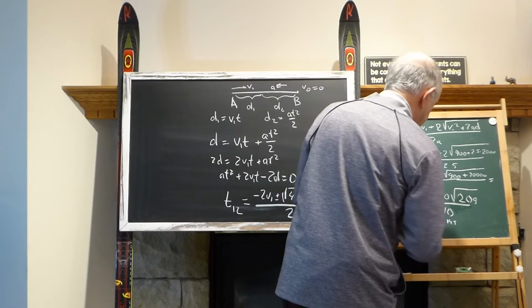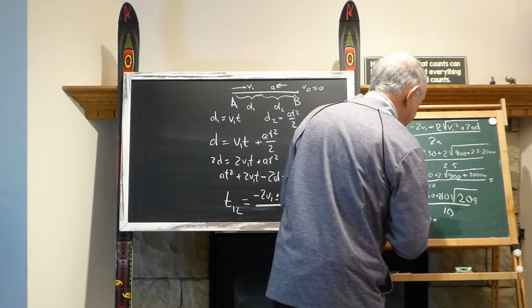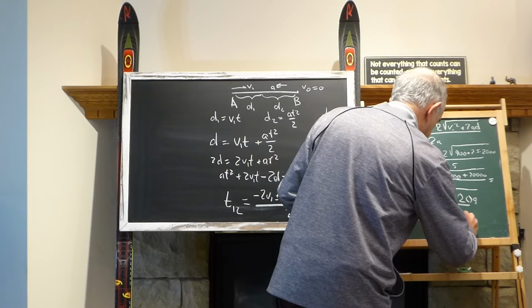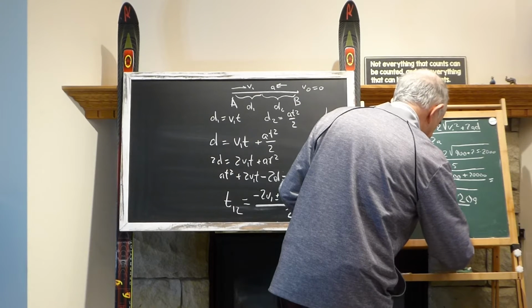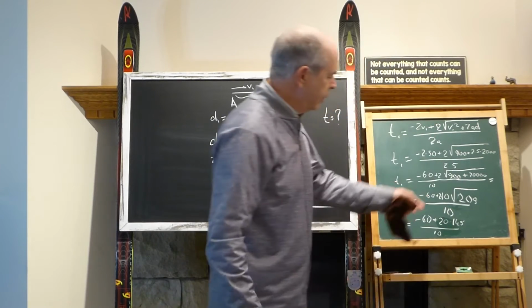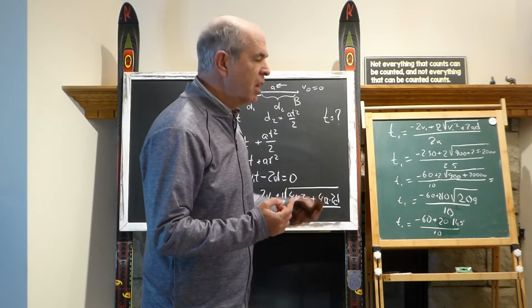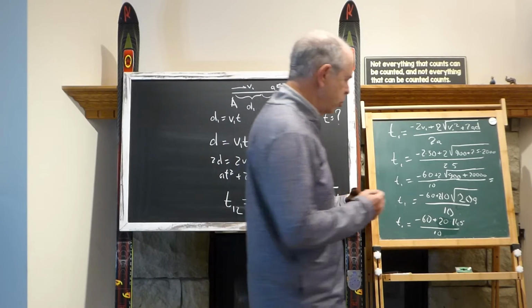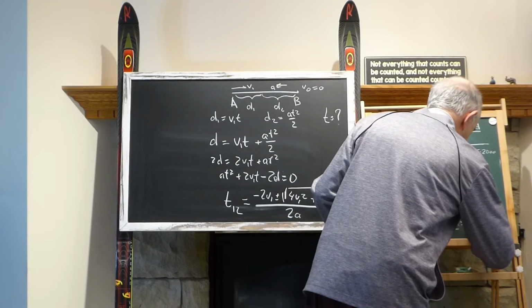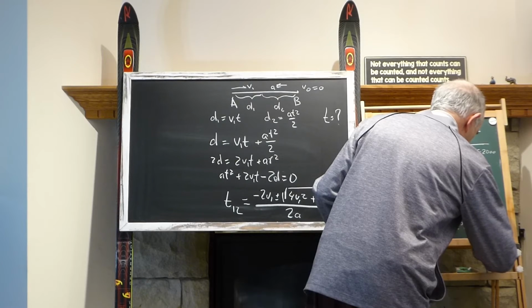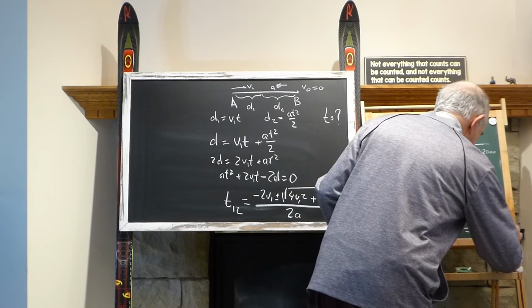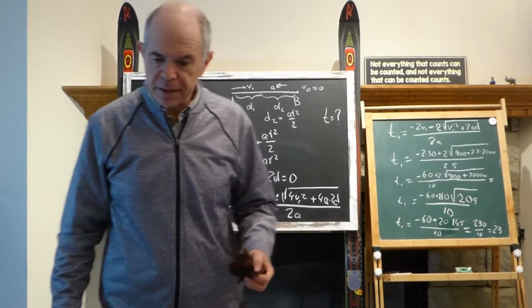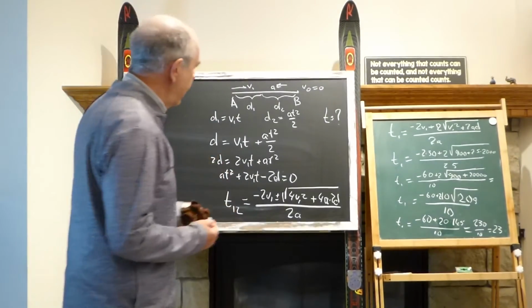So not 10, but 20, times 14 and a half, divided by 10. 20 multiplied by 14 and a half would be roughly 290. 290 minus 60 would be 230. Divided by 10, it would be 23 seconds. This would be the time required for them to meet.